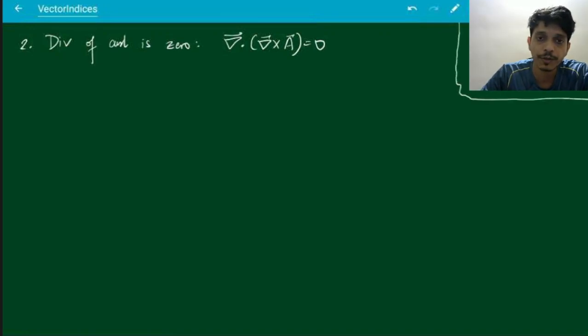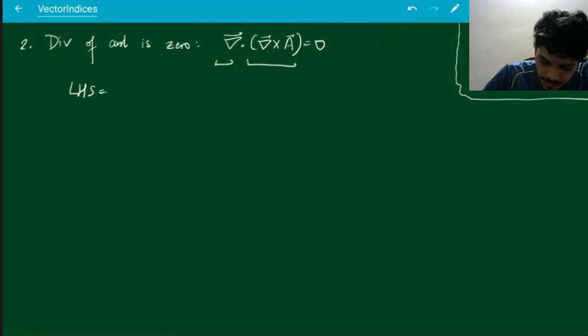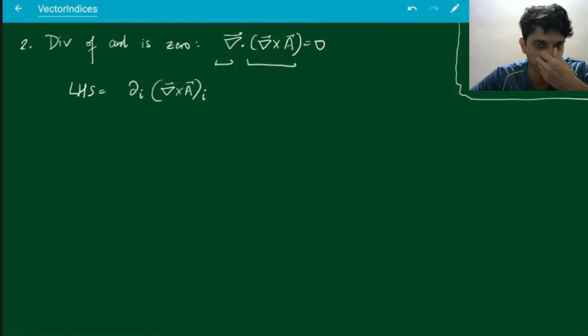Over here we are going to use this del i notation for the derivatives. So now you can think of this as being a dot of del and this other one. The dot product is written as del i, and this other one also i. This is the definition of dot product.